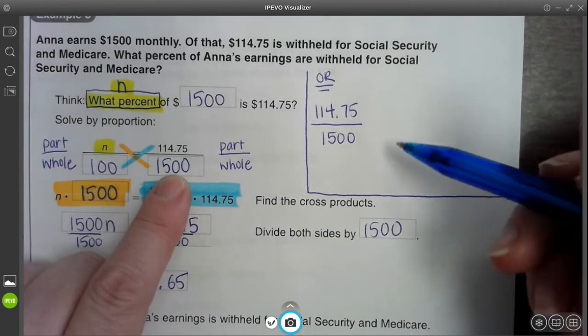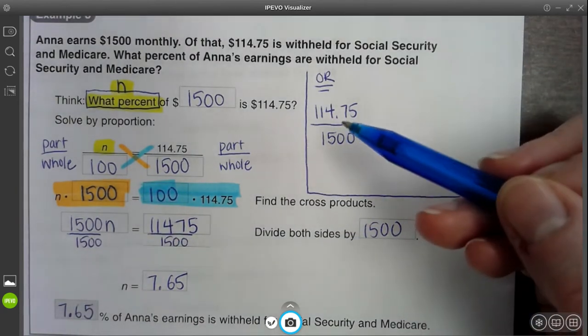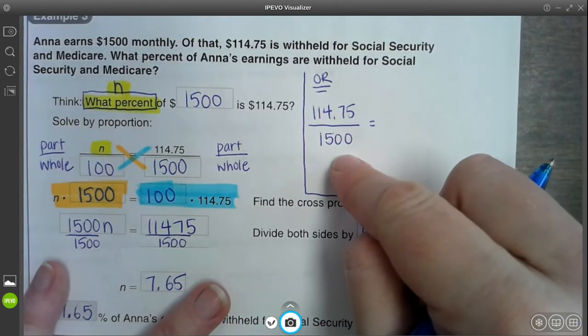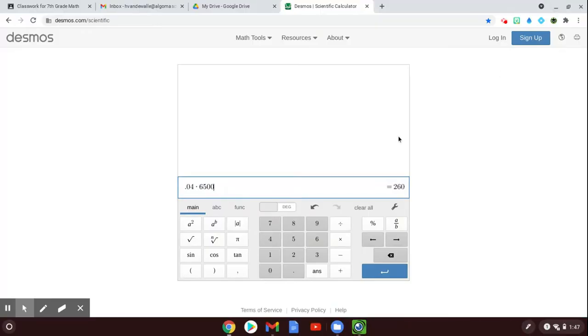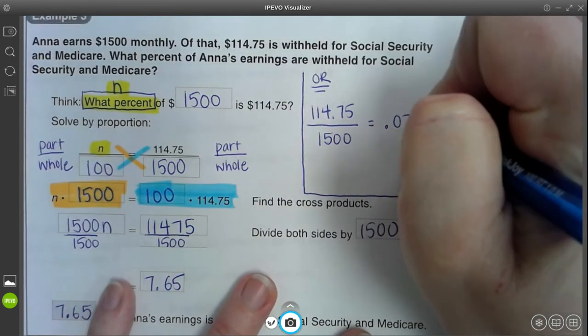And I can just change that fraction into a percent, right? The way we've been doing it this whole chapter so far is to use division to change it to a decimal, and then just move the decimal to figure it out as a percent. So if I were to divide those, 114.75 divided by 1,500, I get 0.0765.